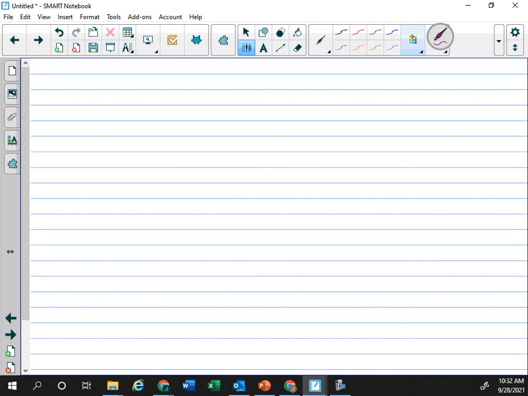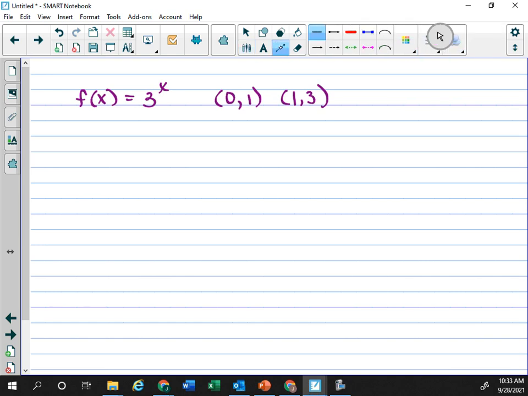Okay, so we're going to start by revisiting what we did at the beginning with our graphing of exponentials. So let's look again at f of x equals 3 to the x. We know we had the points (0, 1) and (1, 3) when we graphed that. So we'll do that one in purple.